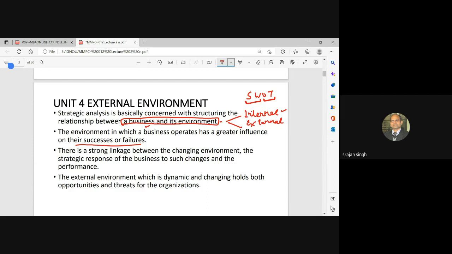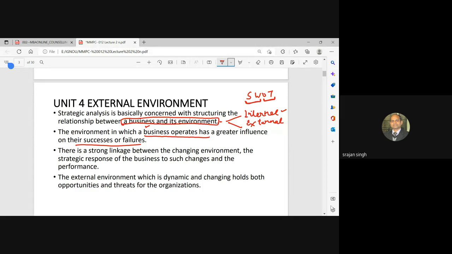If there is more than one business in the same industry, it is not mandatory that all the businesses will have the same profitability or performance, because of the difference in environment, could be difference in internal or external environment.